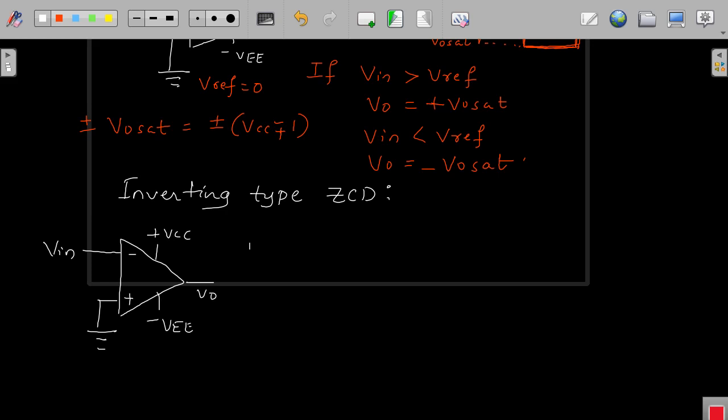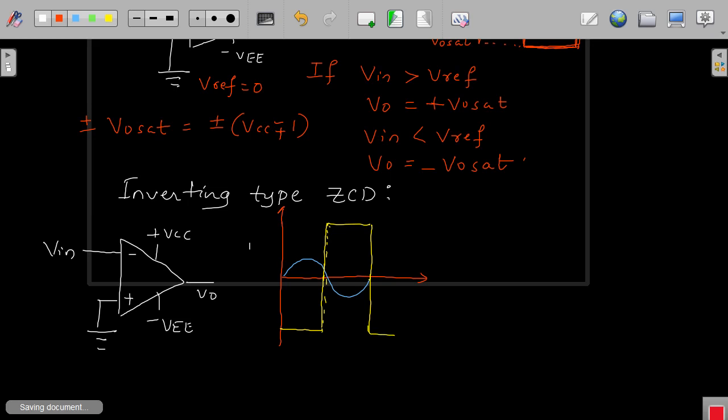So now you know how you would draw the waveform. Suppose if I take the input signal something like this, your output would look something like this. These things you should be able to realize very quickly.